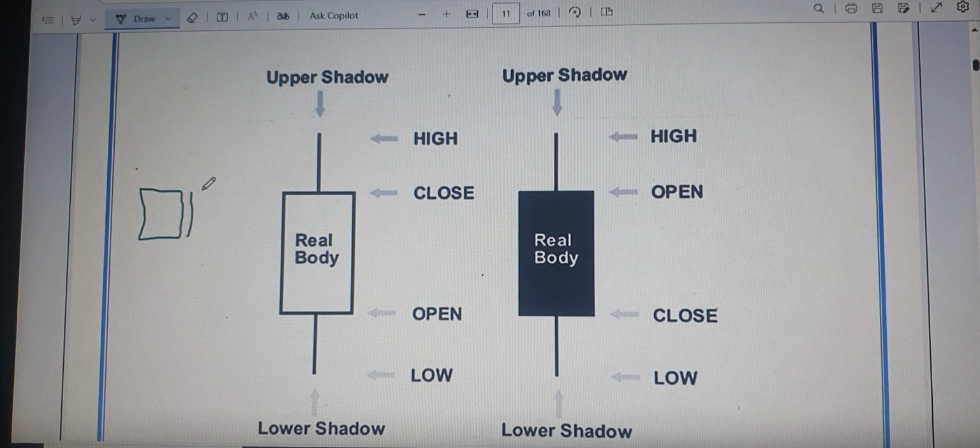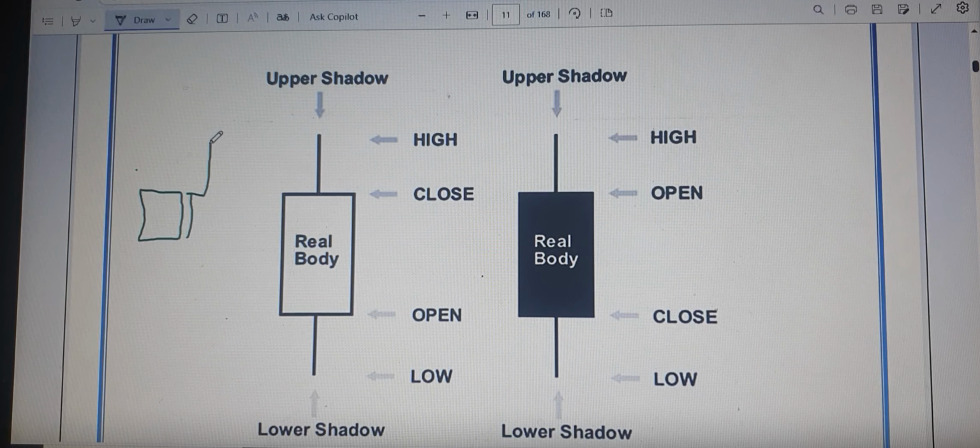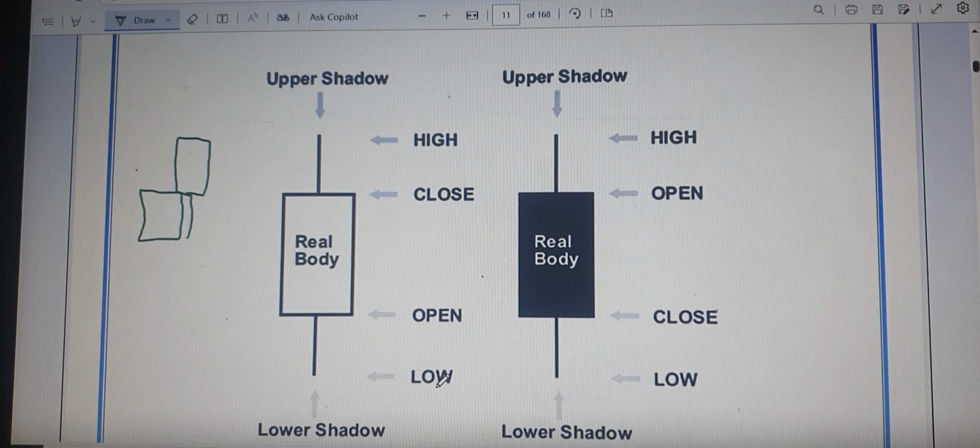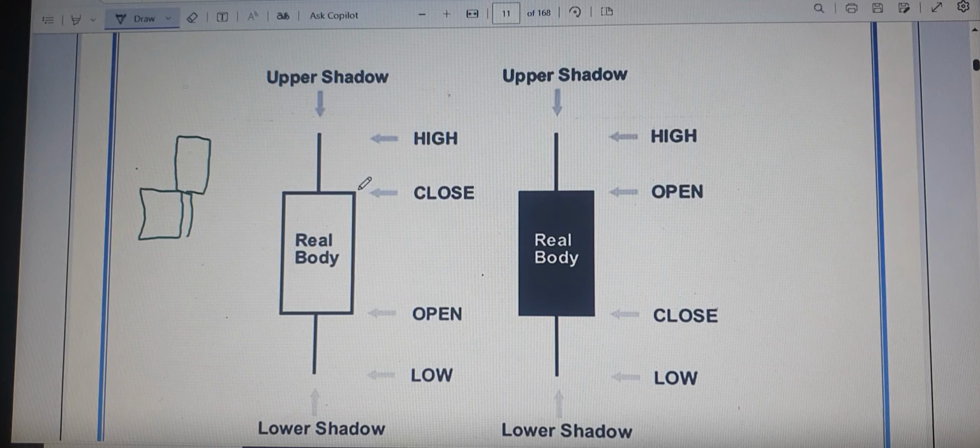Now they push more up to this point. But because sellers are strong again, they push back a little, about half of this candlestick, meaning it will close from here. This was its lowest level, and this is the highest level the candlestick moved up to, but it closed from here.